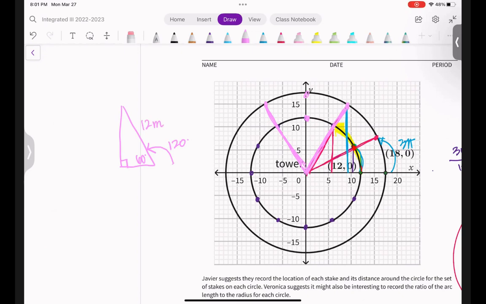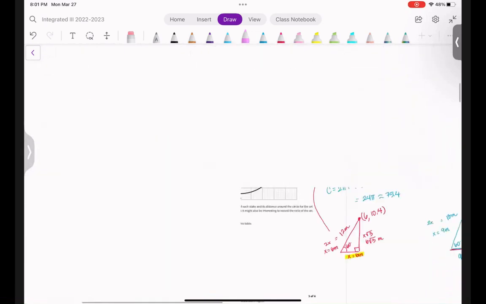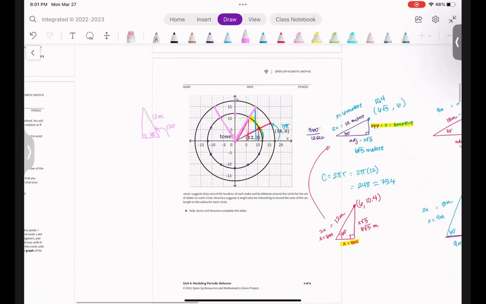So you'd be able to figure out that flip-flop triangle, right? That triangle is exactly the reflection of the triangle over there, right? Okay. So then I would say, well then this is negative 6 meters. And then this is still 6 root 3.